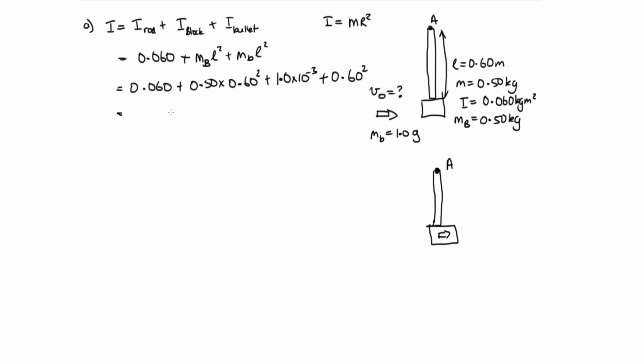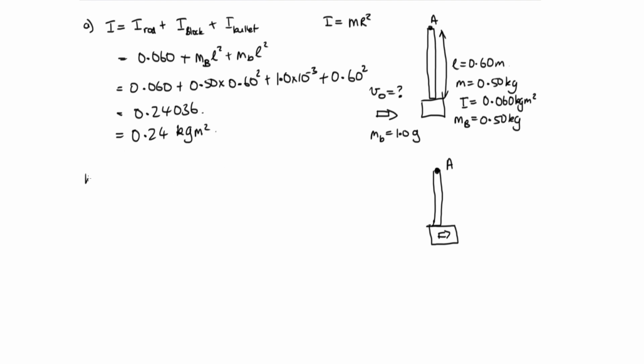And solving this on the calculator, we get 0.24036, but we only want to give it to two significant figures. So this is 0.24, and that is kilograms meters squared.